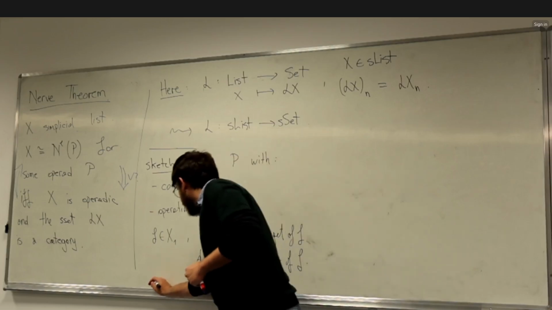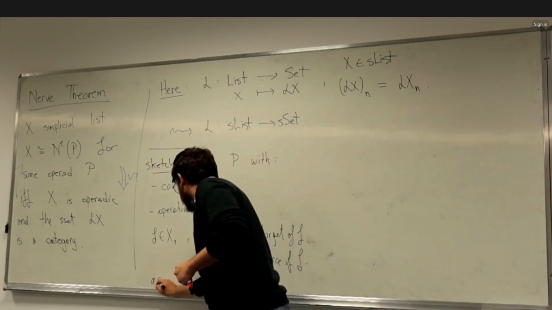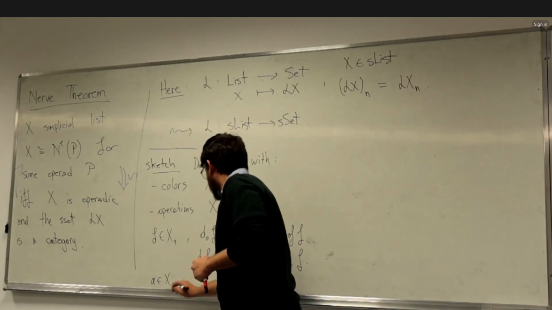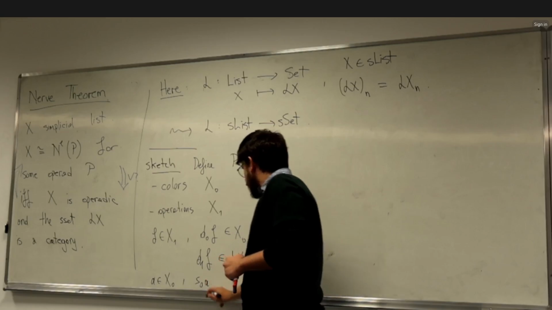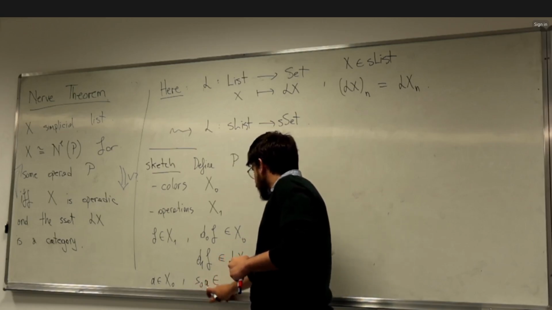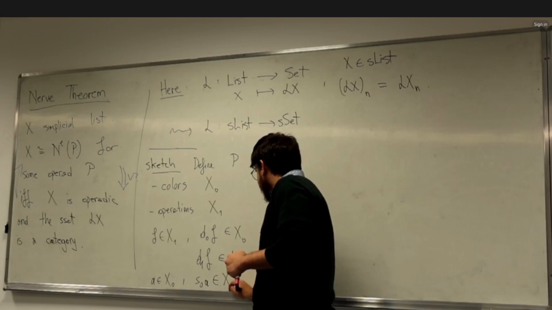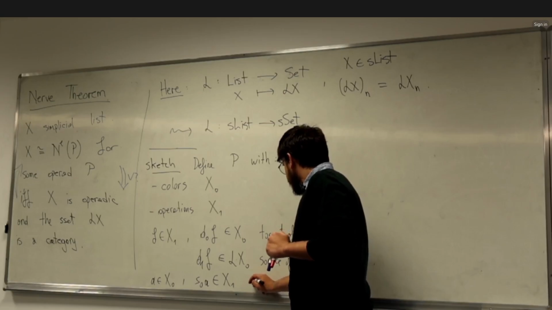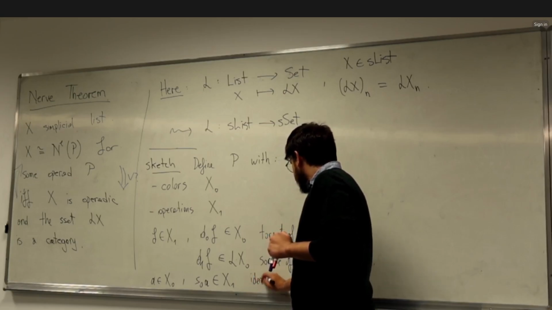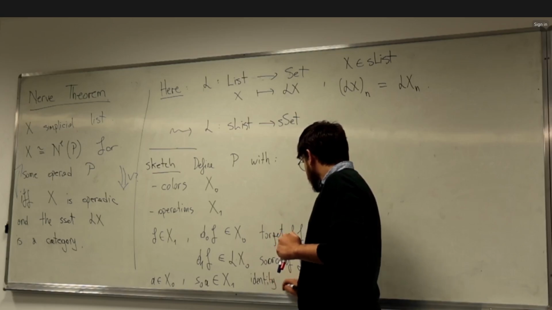And if I have whatever color A in X0, this S0A, which is the degeneracy, lands in X1 because we are operatic. So this is the identity operation.